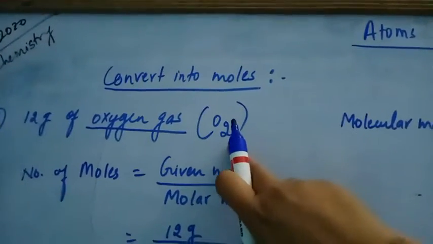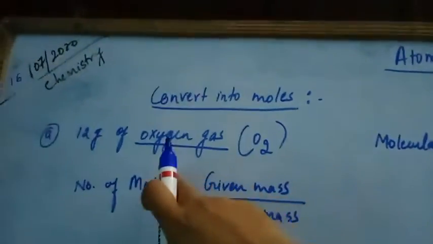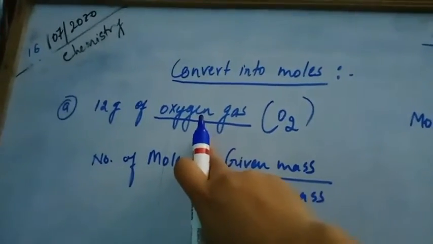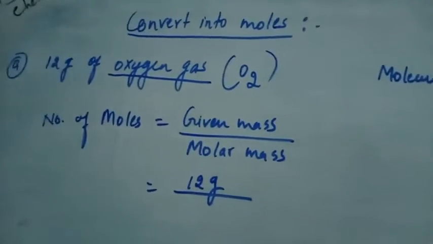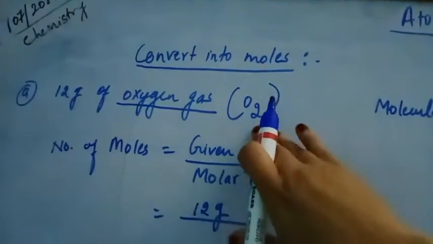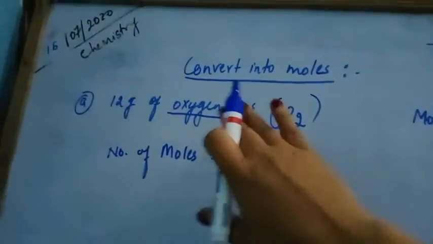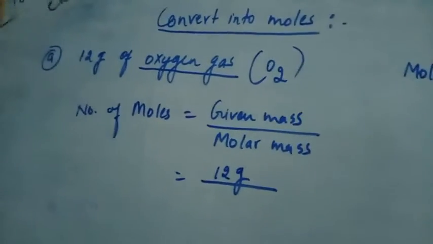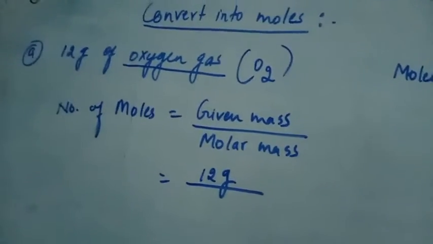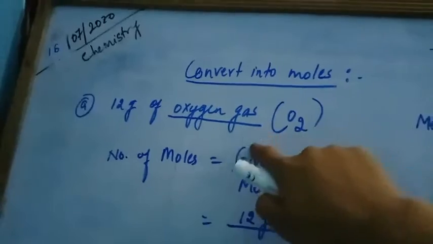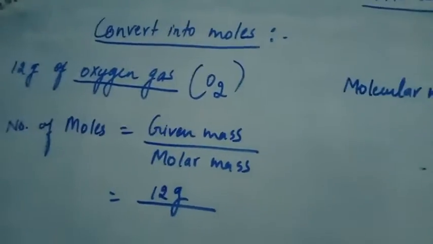So whenever it is written oxygen gas, you should know that it is talking about the oxygen molecule. If it is written oxygen atoms, then we just calculate the atomic mass, and if it is written oxygen gas, then we have to calculate the molecular mass of oxygen.